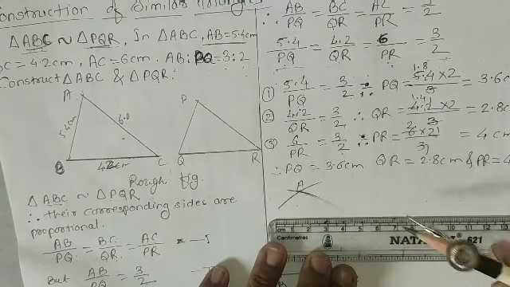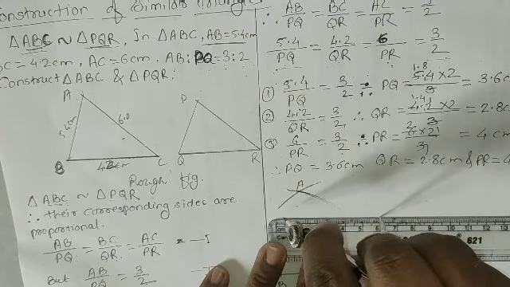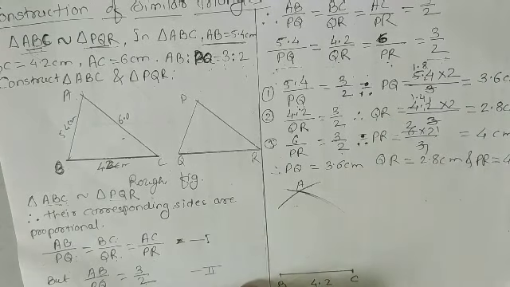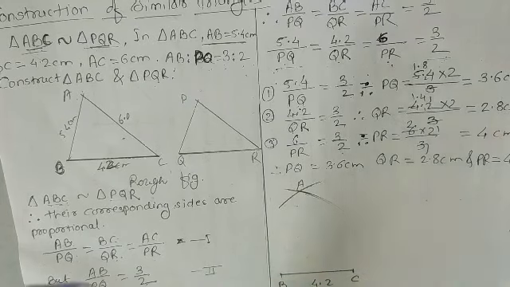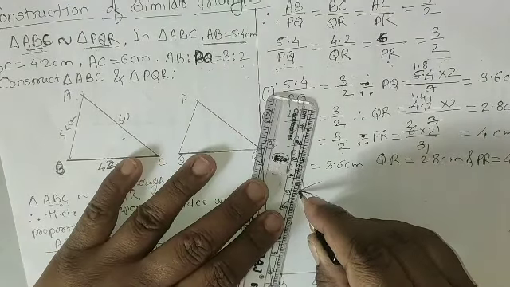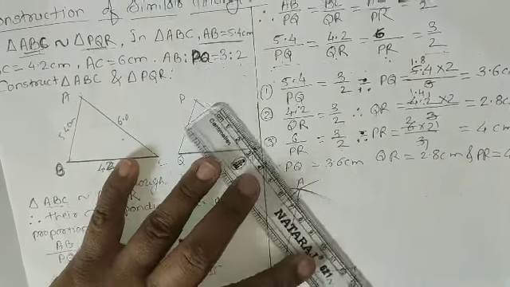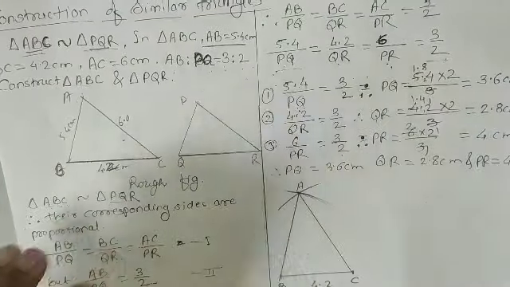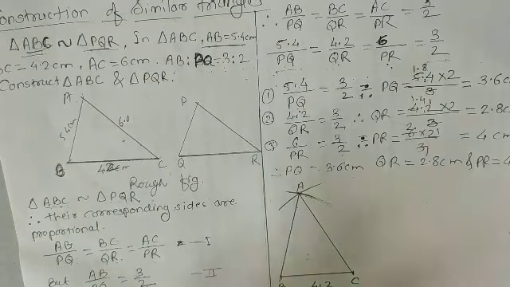Now I have taken this distance of 6 centimeter in my compass, and I have drawn the arc which intersects the first arc at this point A. Now join AB and AC. Now here it is my triangle ABC.